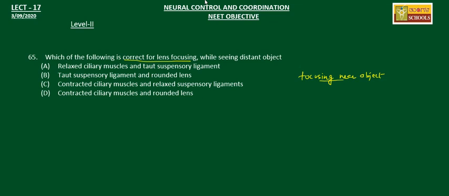While focusing the near object, the lens is less convex on the anterior and more convex on the posterior side, and there are suspensory ligaments attached to ciliary muscles.